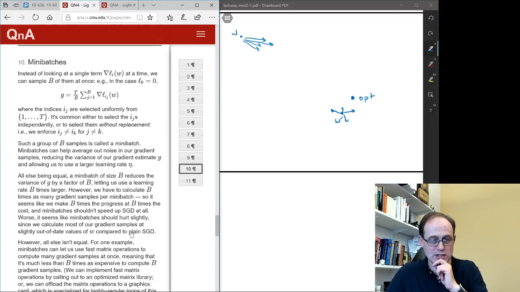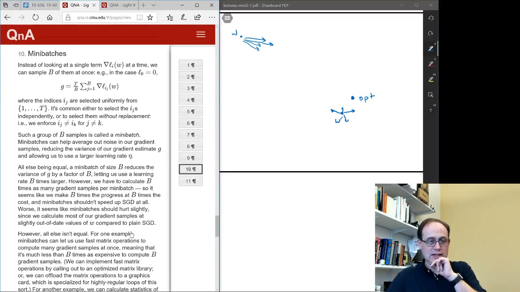All right, so we talked about getting an estimate of our gradient by looking at a single term in our sum. We sampled uniformly at random a single index in our range from 1 to capital T. But we didn't have to choose just one.